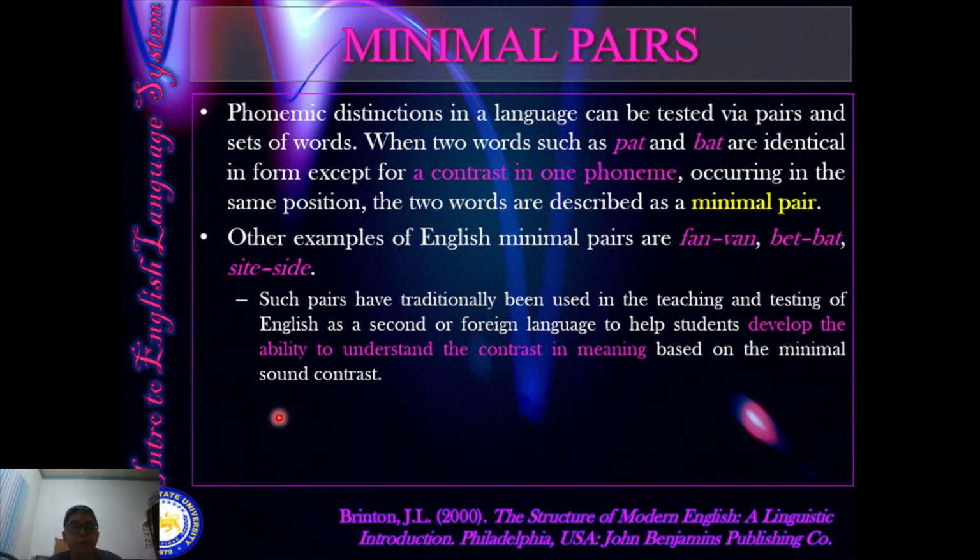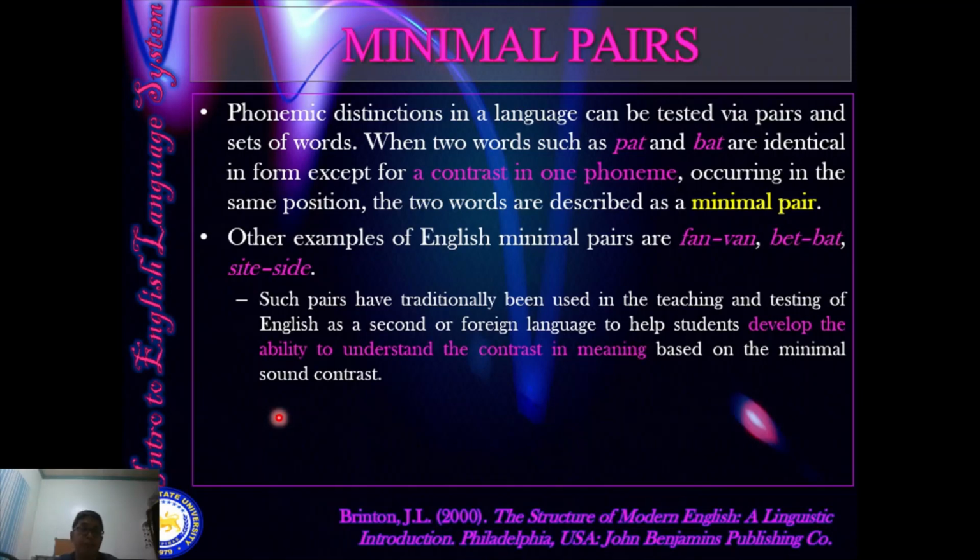Now, for minimal pairs, class, phonemic distinctions in a language can be tested via pairs and sets of words. When two words such as pat and bat are identical in form, except for a contrast in one phoneme, which is the p and b, occurring in the same position, the two words are described as a minimal pair. So you've also learned about this basically in your high school days.